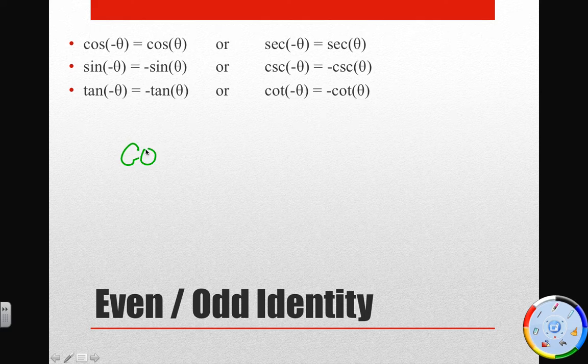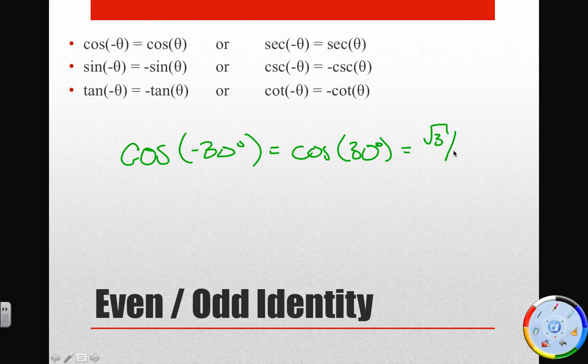So if I said, hey, what is the cosine of negative 30 degrees? Oh, well, this identity says that it's actually just the same thing as the cosine of 30 degrees, which is root 3 over 2. Likewise, I could say, hey, what is the sine of negative 150 degrees?